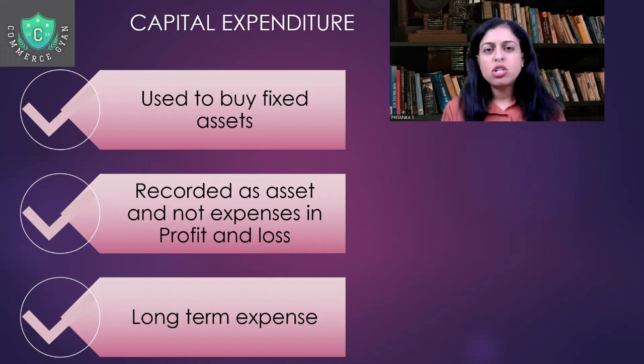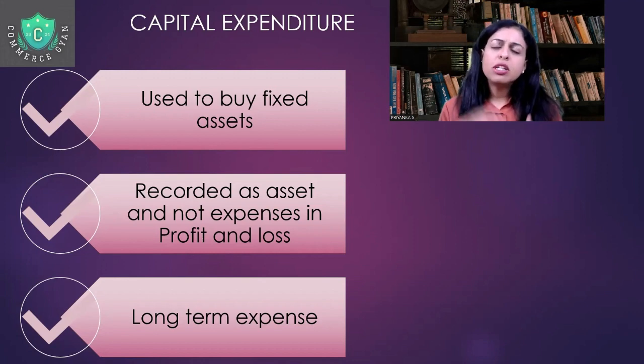If I am buying a machinery, that machinery is not going to be with your business only for 1 year. It's going to be for a long duration over and above the span of 1 year. And that is what we mean by the long term. So this expenditure is going to give you benefits in the long term.